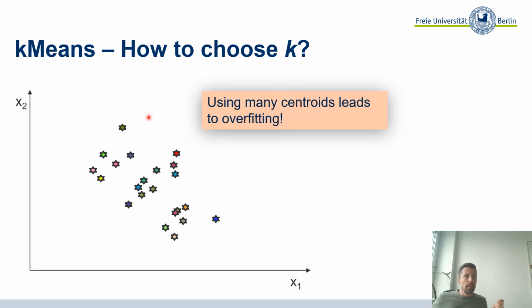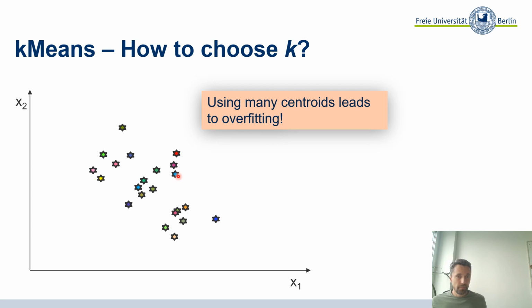So what you could do is use a lot of cluster centers. In the limit, you cannot use more cluster centers than data points that you have. But that obviously isn't something that you want to do, because this will lead to overfitting of the data.